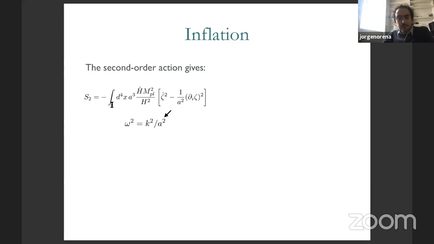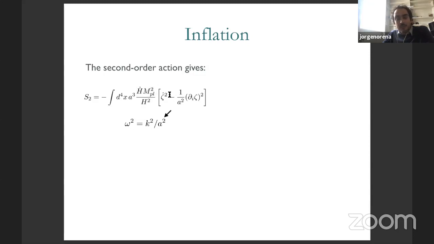In particular, after much work, one can write down the second-order action for metric perturbations, and this looks like the action for a scalar field, as you usually have in field theory, with a few differences. First, there is this coefficient in front, which you can see just as a normalization.